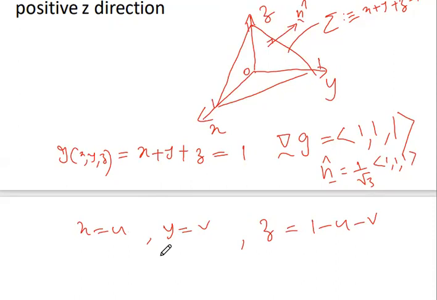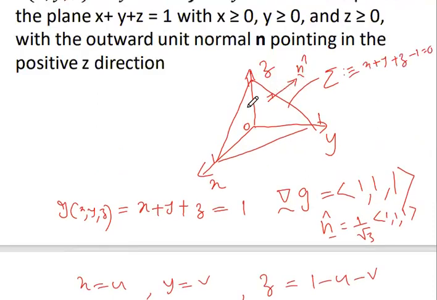It is given that the outward normal points towards the positive z. Should we take n as k? No, no. Outward means going outside.